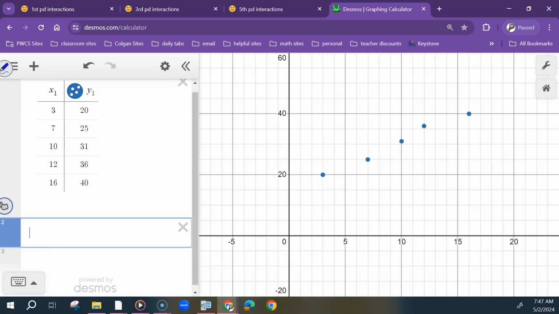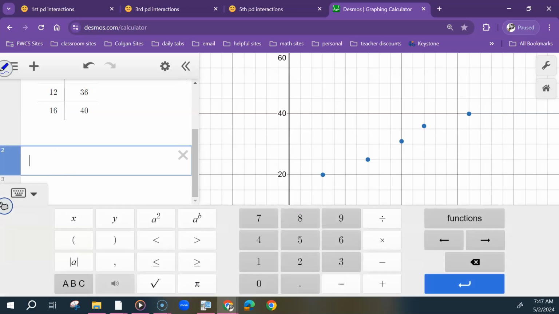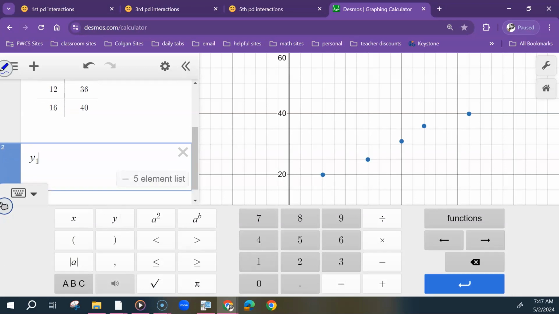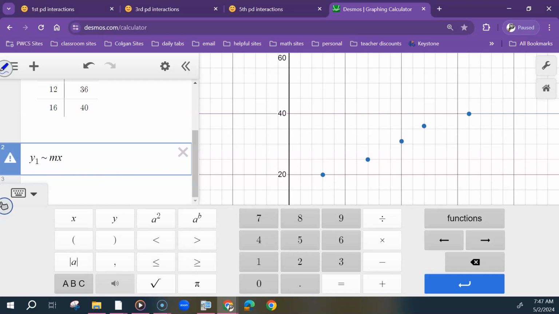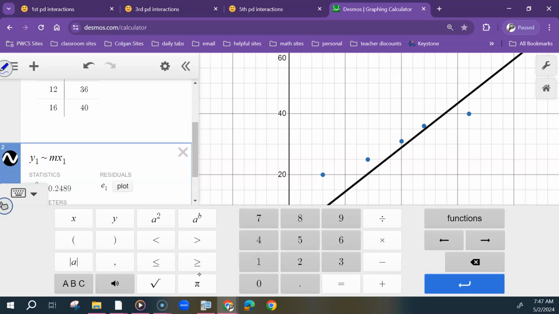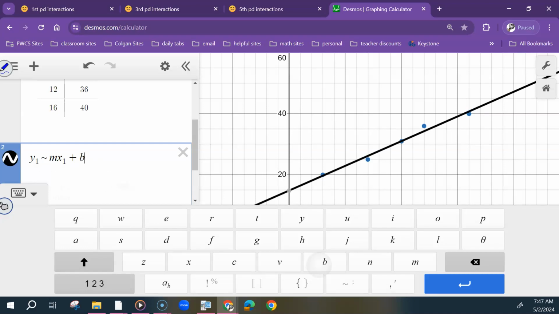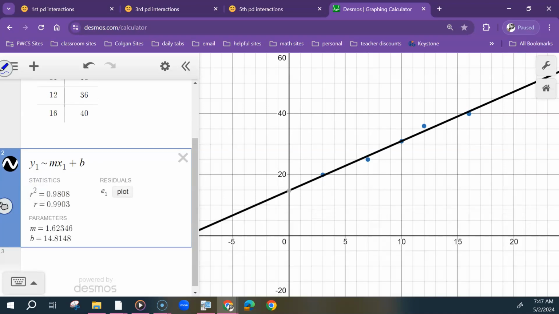If you forget what the equation is, think of your equation of a line, change your x and y to be x1, y1, change your equals to be the squiggly line, because that's not something you'll be given on the SOL. And then round to 3 decimal places. So y equals 1.623x plus 14.815.